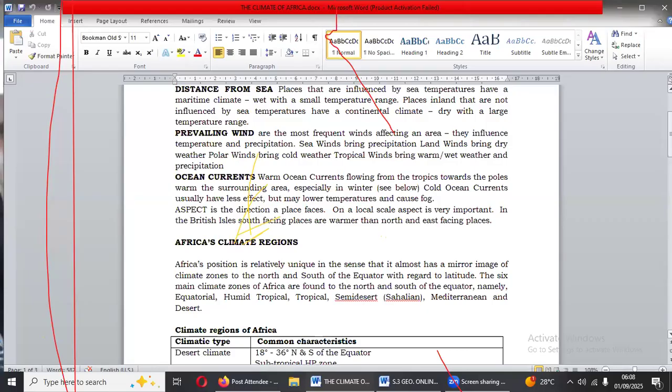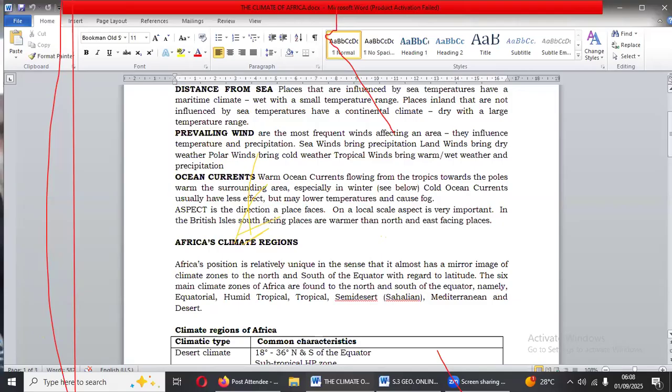Let me go maybe to the natural factors a bit. Among the natural factors, I received the ocean currents.